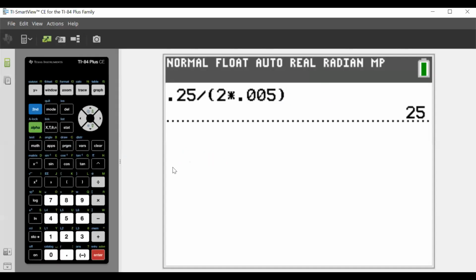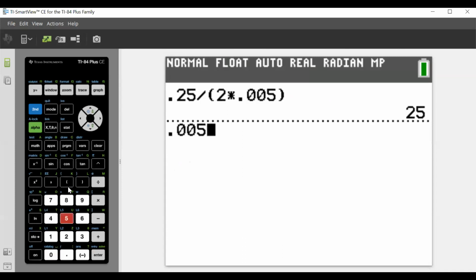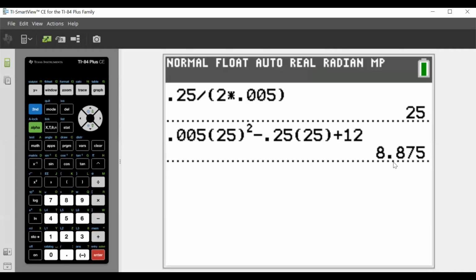And so what did we have? We had 0.005 times 25 squared, and then it was minus 0.25 times 25, and then it was plus 12, and so 8.875, which rounds to 8.88.